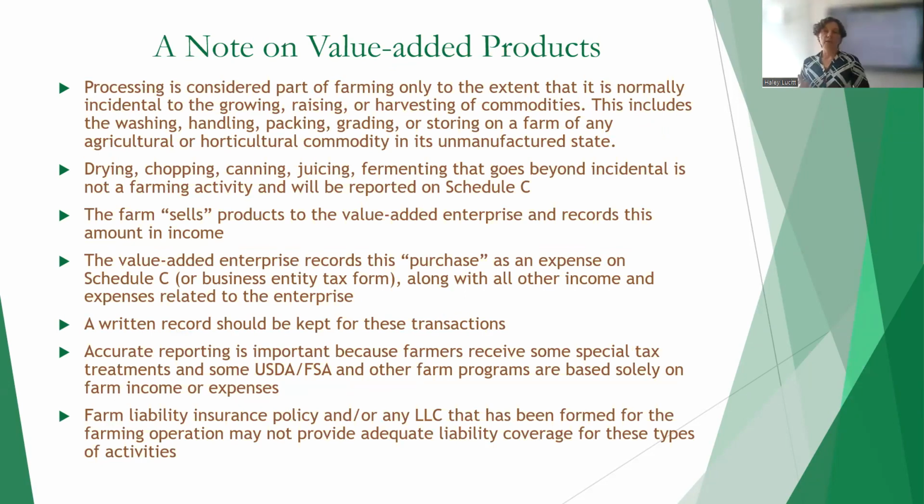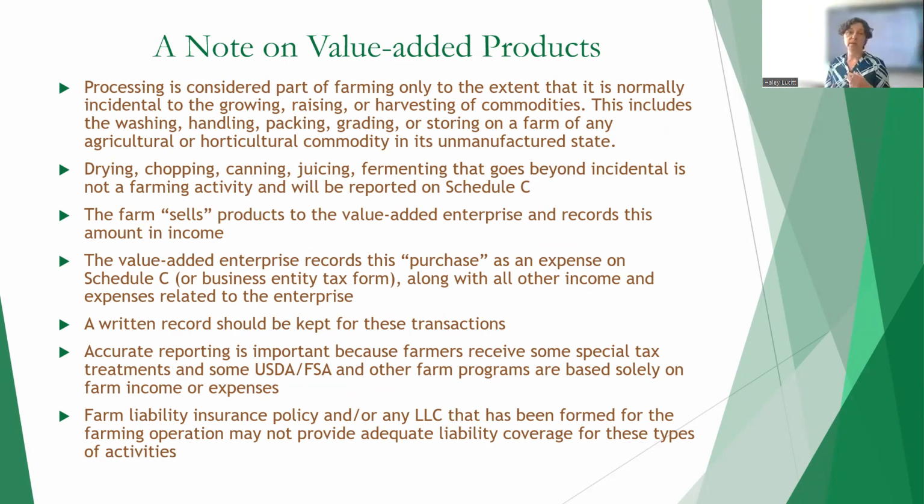A note on value-added products. Value-added, I feel like, has kind of plateaued, but it was really hot a few years ago. Value-added, by IRS definitions, is anything that you grow. If you do basic preparation for it to sell, you harvest your tomatoes and wash them and then sell them.